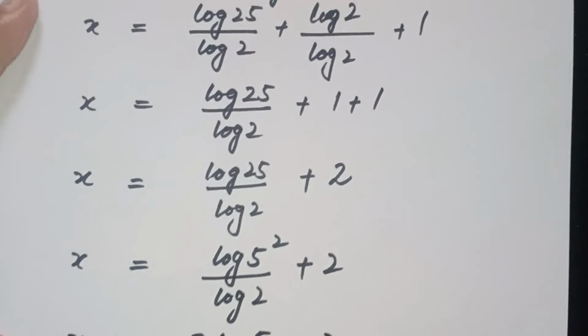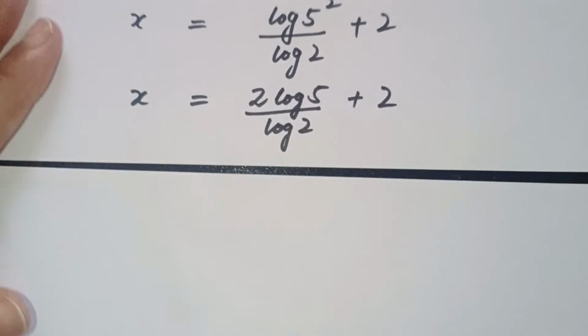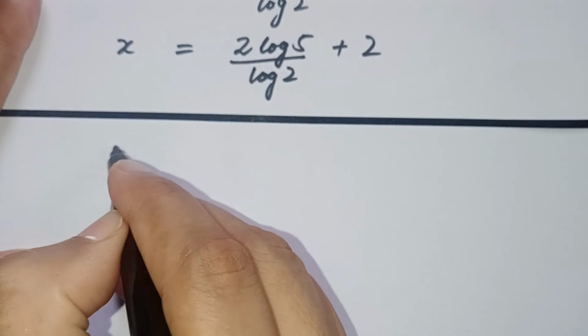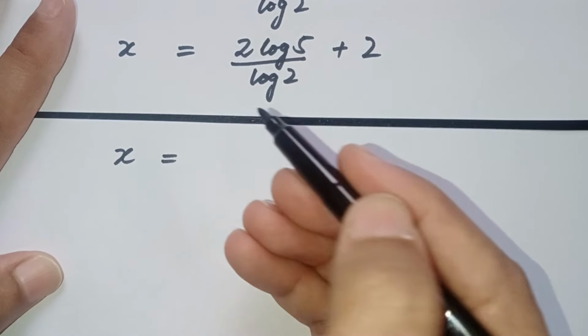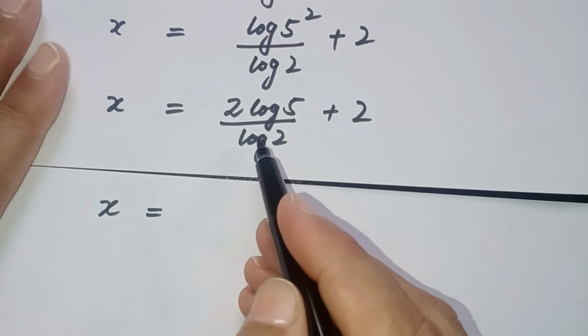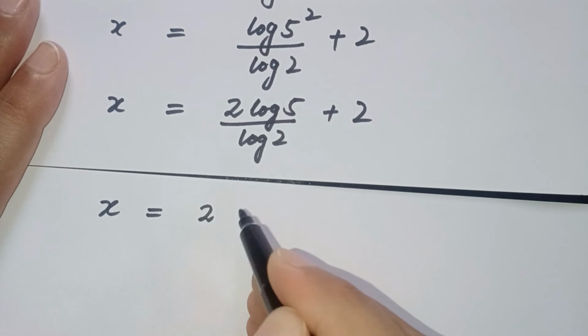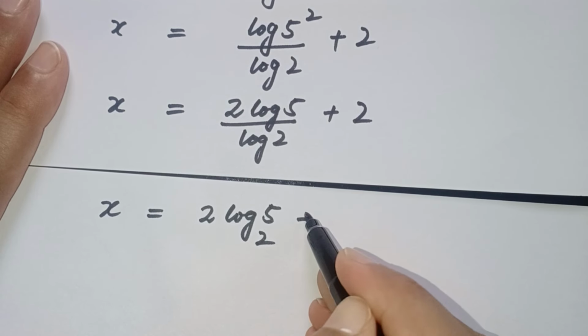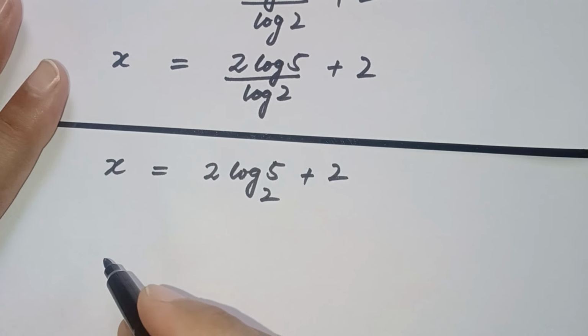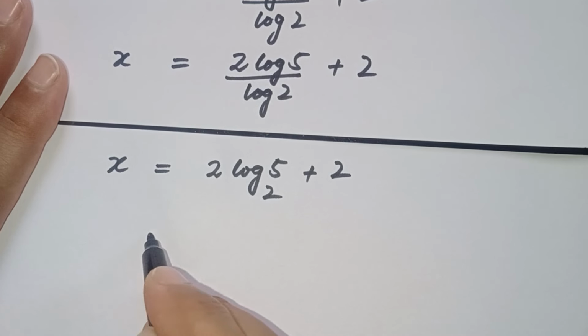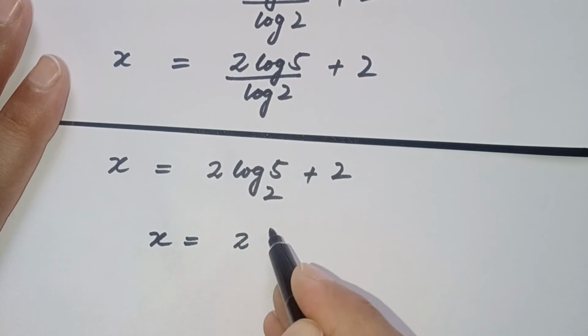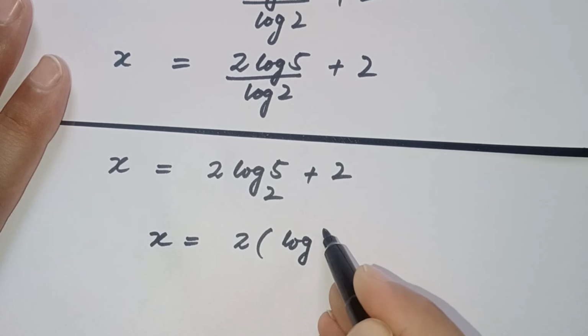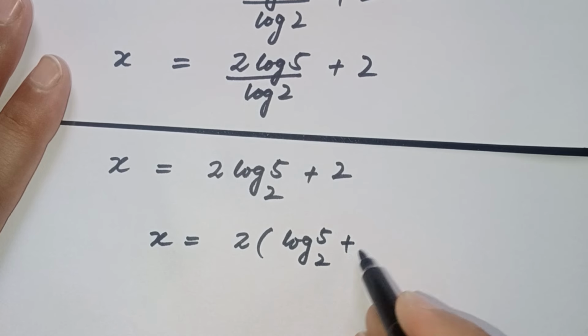In the next step, we will use the formula: log 5 over log 2 can be written as log 5 base 2, plus 2. We can factor out 2 and write x is equal to 2 times (log 5 base 2 plus 1).